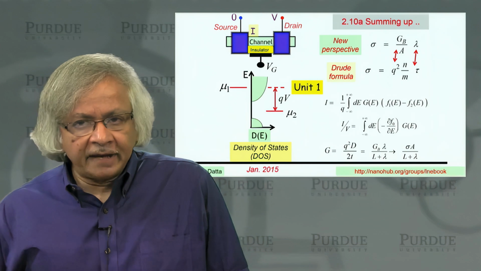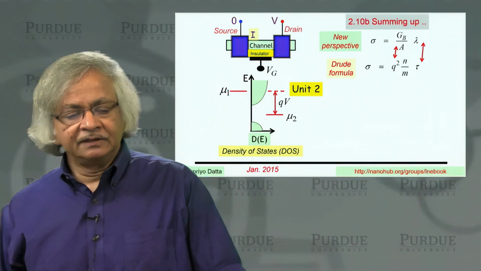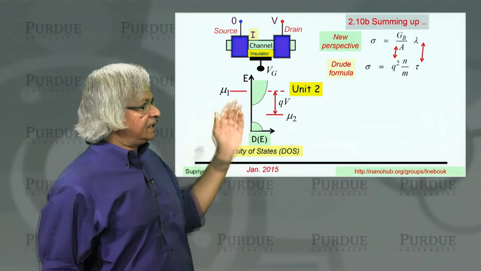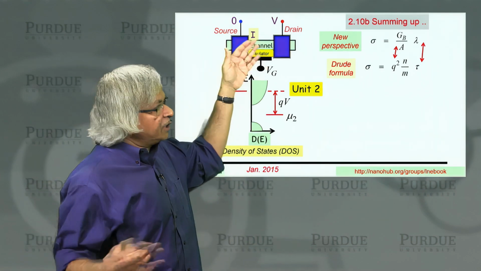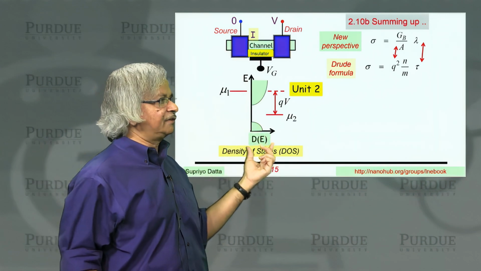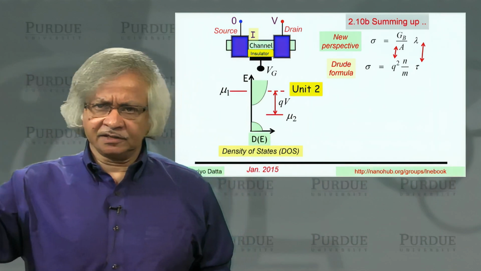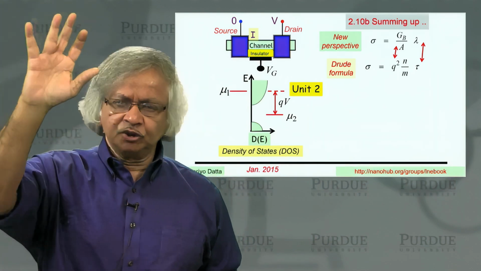And in order to do that, we had to introduce a specific model for these energy levels. That is, you see, in Unit 1, we just discussed everything in terms of a general density of states. We said, well, let's say we know the density of states. Then what should be the conductance?